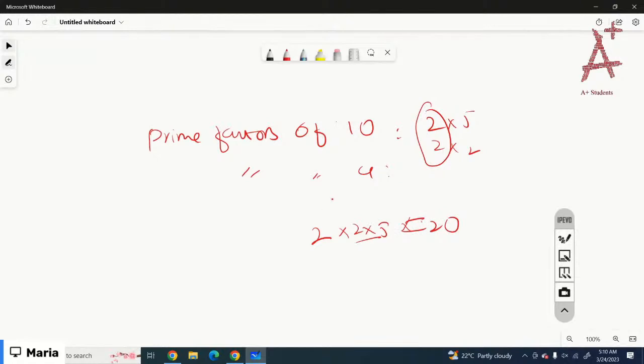So that means the least common denominator is 20.